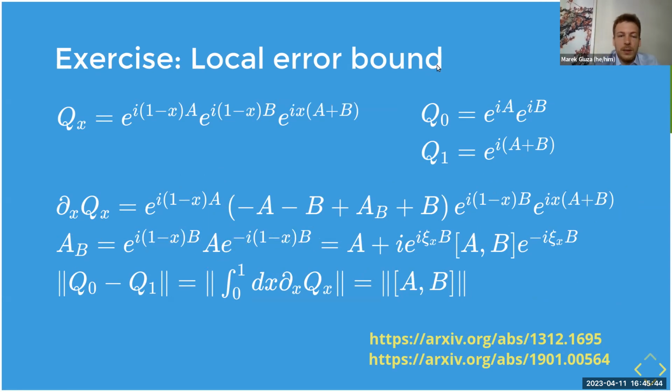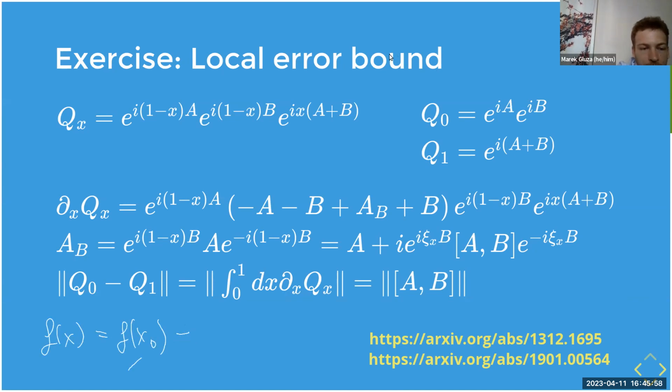And one thing that also applies to functions is that you have this Lagrange form of the Taylor expansion. So f(x) is equal to f(x0) plus the derivative evaluated at some point xi. And I will have to have here x minus xi, I think.